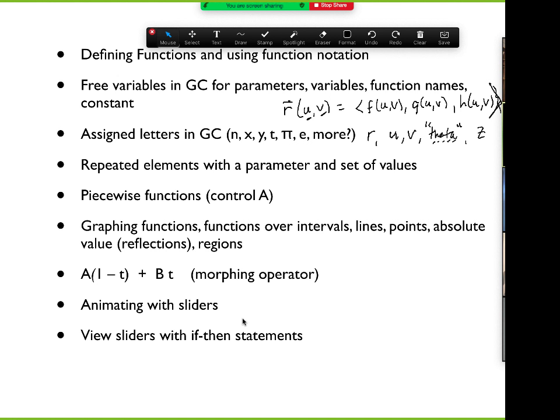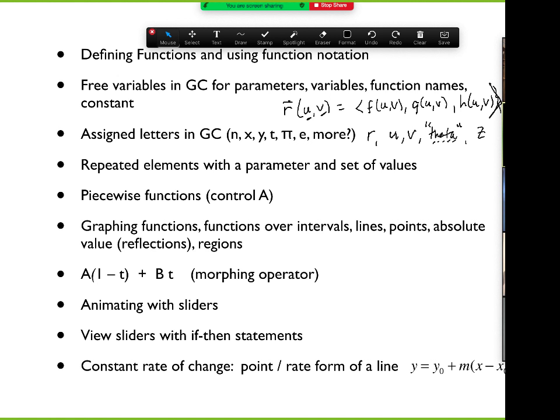Plot this region if view is less than or equal to 2. You can have that view slider set for integer values, manipulate the view slider, and then have things turning on and off. I use that all the time in the animations that I've built. And then constant rate of change, and then we worked hard on the point rate form of a line, which was this.